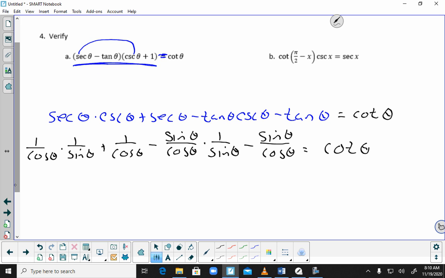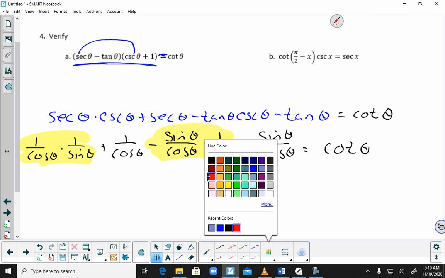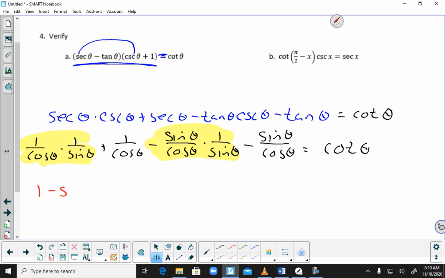So what I did, and I don't know if this is good or not, but I did it. These have a common denominator. So off to the side, I'm going to write 1 minus sine theta over my denominator, which is cosine theta times sine theta.